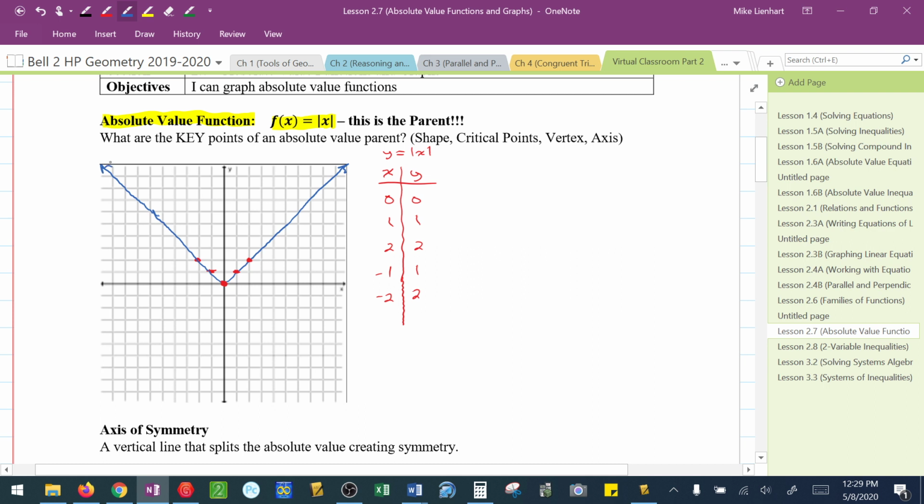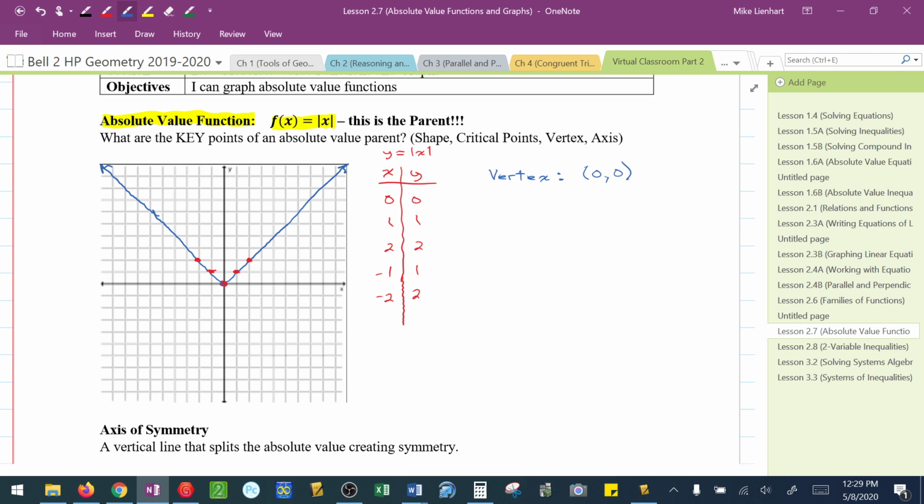Now, each of these different sides of the graph, along with that point where the direction changes, all have unique characteristics. The first thing that we want to talk about is what is known as the vertex. The vertex is where that directional change occurs, and in the absolute value parent, the vertex is at 0, 0.